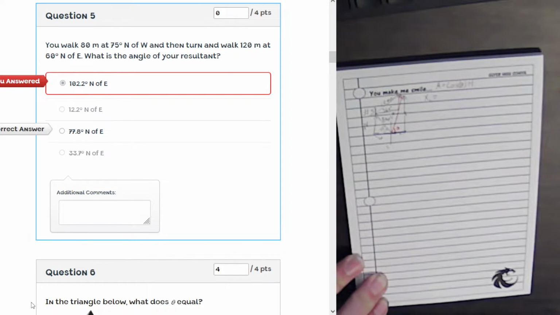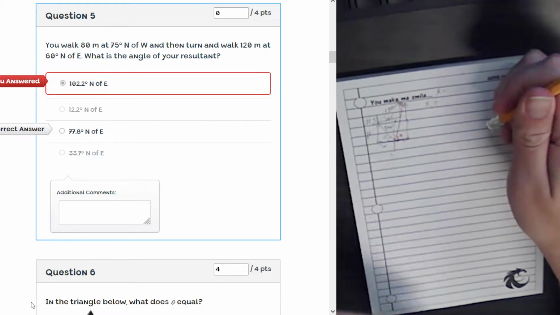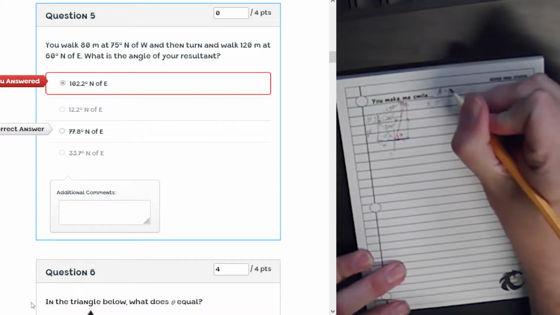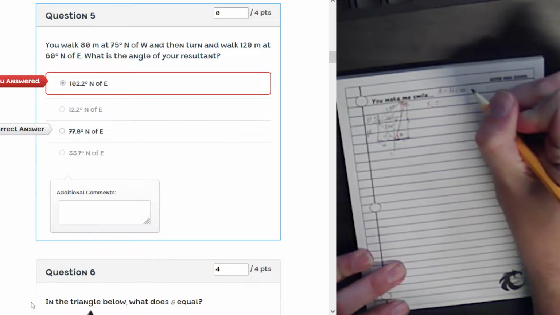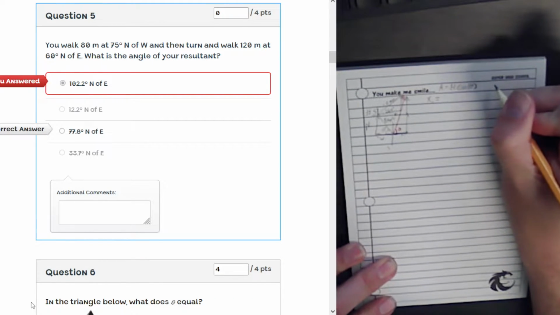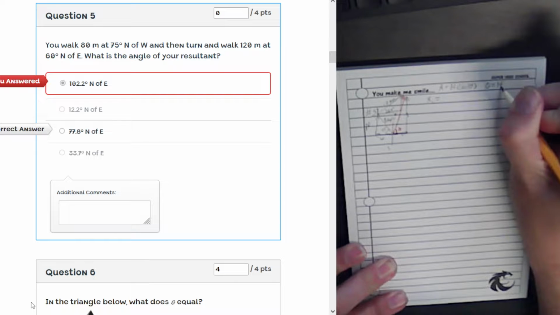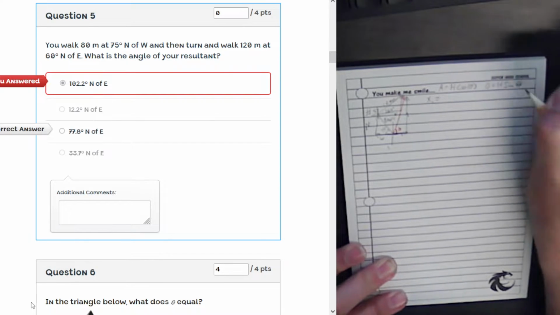I don't like the way that's written, so let's say hypotenuse times cosine theta. And we also know for the other one, the opposite is h sine theta.